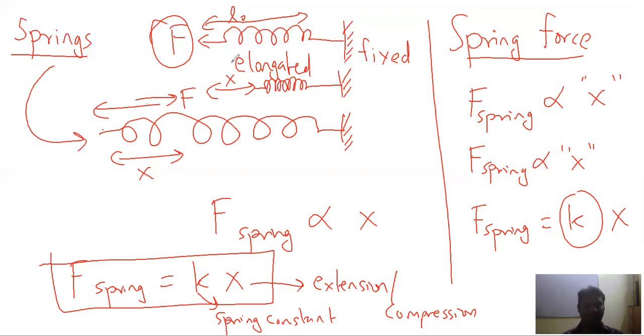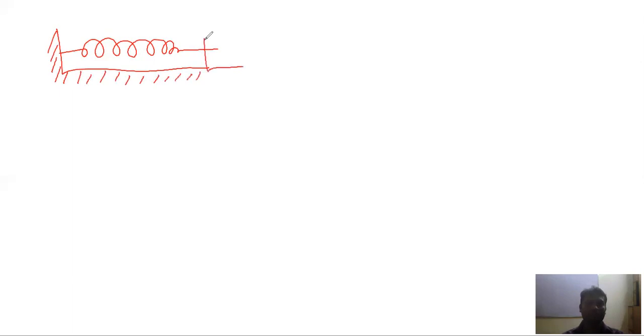So let me make you understand this. This is a spring in natural length. Suppose we have a mass M here on which I am applying a force. Now, after some time, what will happen?